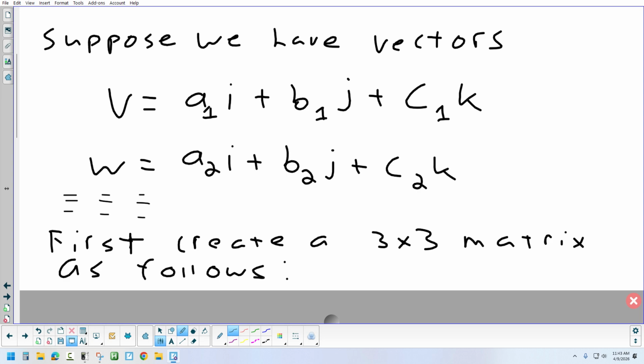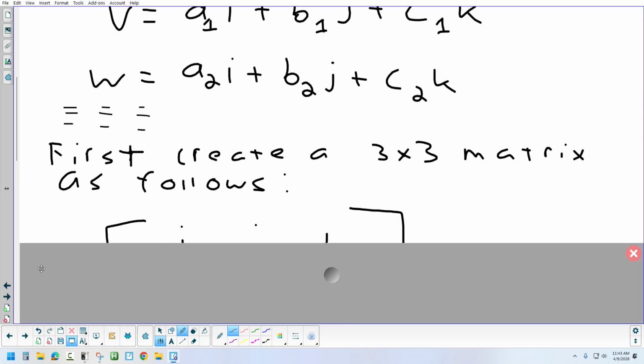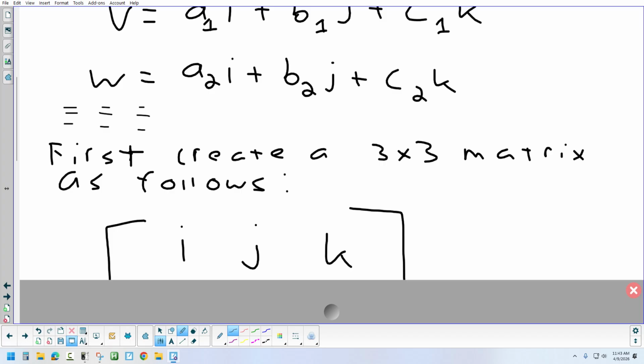On each one of those lines, you're going to write something down, and I'm going to show you what. So across the top, you're going to write the letters I, J, K. Those stand for the bold vectors we talked about earlier in the week. IJK goes across the top.